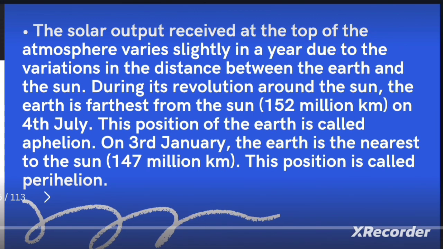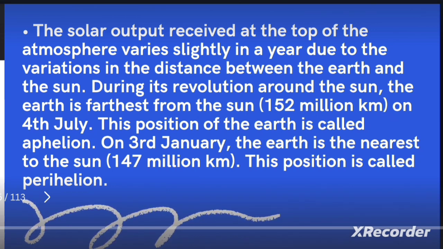The solar output received at the top of the atmosphere varies slightly in a year due to the variation in the distance between the Earth and the Sun. During its revolution around the Sun, the Earth is farthest from the Sun, 152 million kilometers, on 4th July. This position of the Earth is called aphelion.